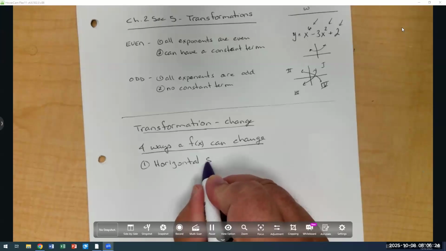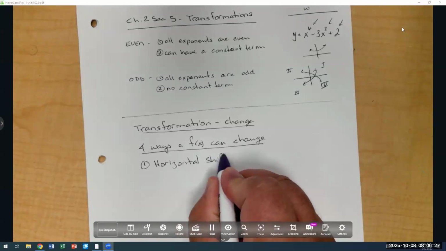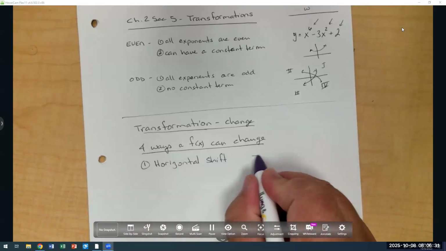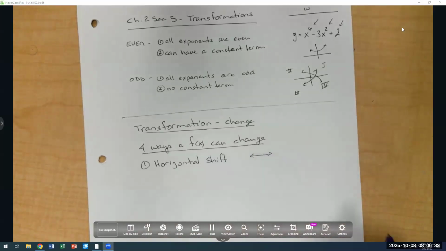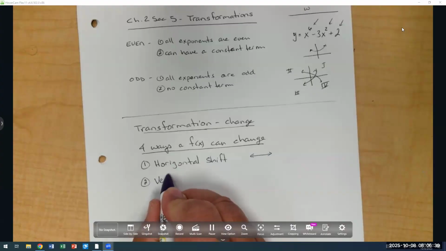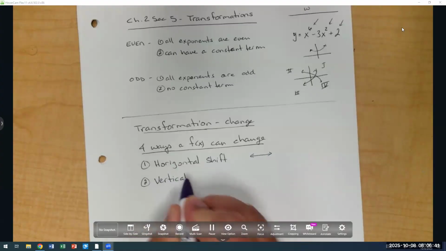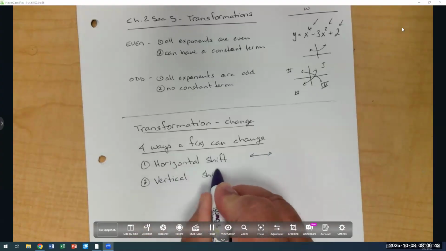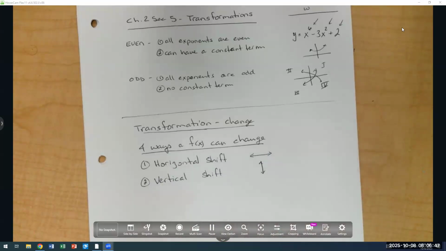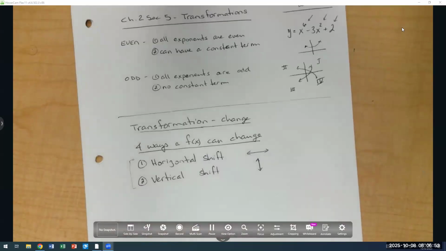We can have a horizontal shift. That means the graph moves left and right. We can have a vertical shift. That means it moves up and down. The same picture, it just moves left, right, or up and down. That's so that the picture doesn't change.